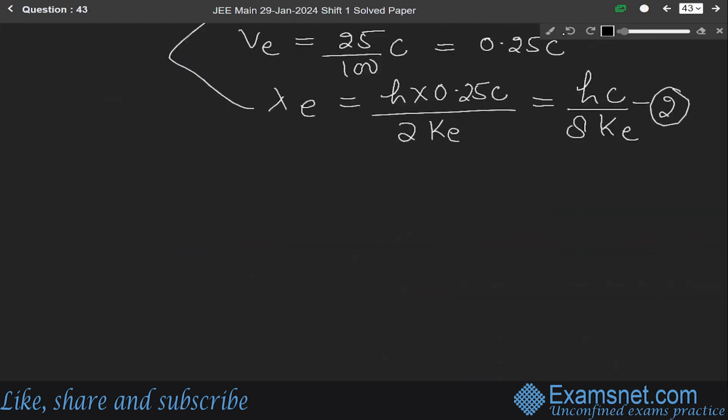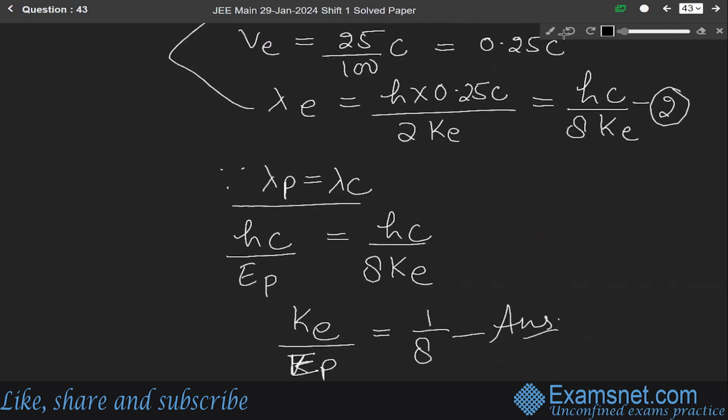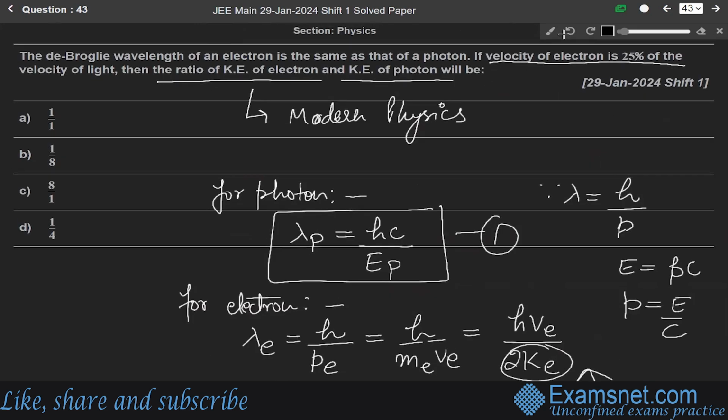Since lambda p is lambda e according to the question, hc over Ep equals hc over 8KE. So the ratio of kinetic energy of electron to that of the photon, KE over Ep, is 1 over 8. This is our final answer. Option B is the correct answer.